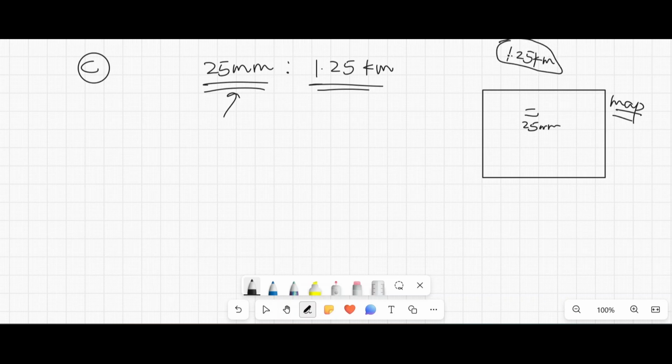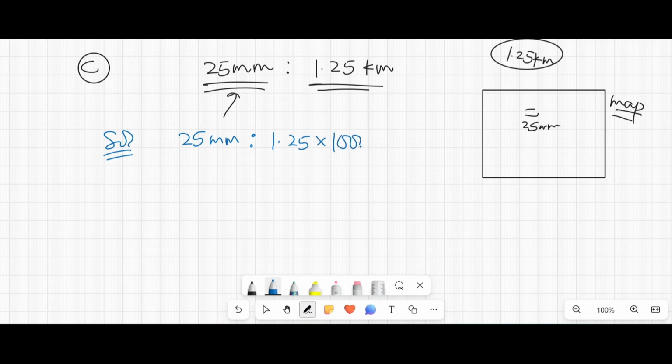So now let's convert this into millimeters. First, 25 millimeter ratio 1.25 kilometer. First you have to convert kilometer into meters.